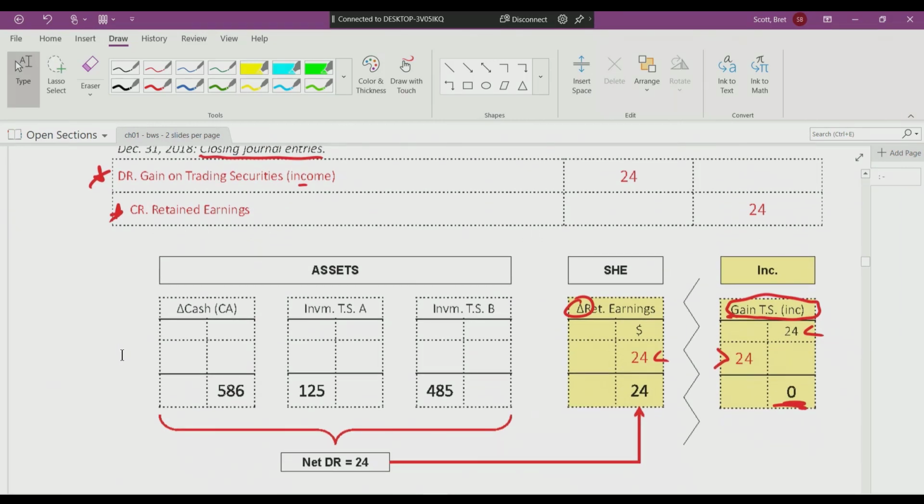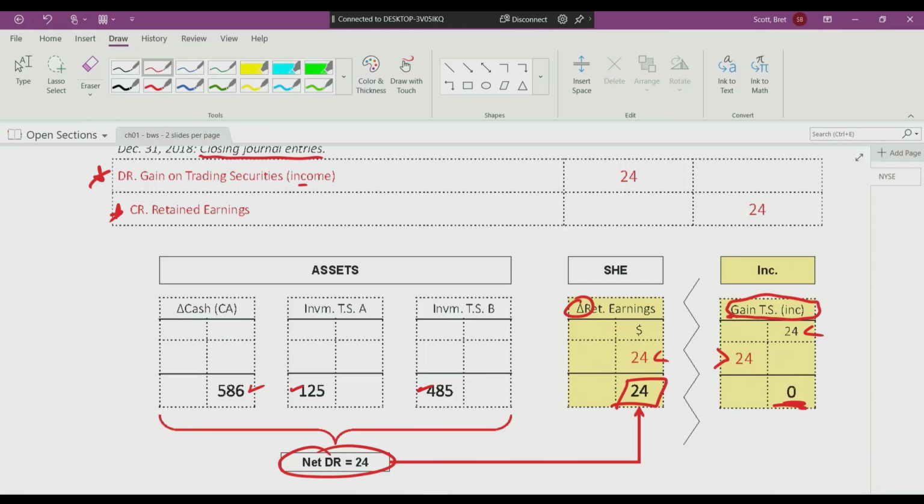Now, when you look at the net effect on the balance sheet here on the asset side, credit 586, debit 125, debit 485. The net debit we see on the asset side is 24. Well, guess what? We see a net credit of 24 on the stockholders' equity side. So the balance sheet is balancing. We've done everything correctly at this point.